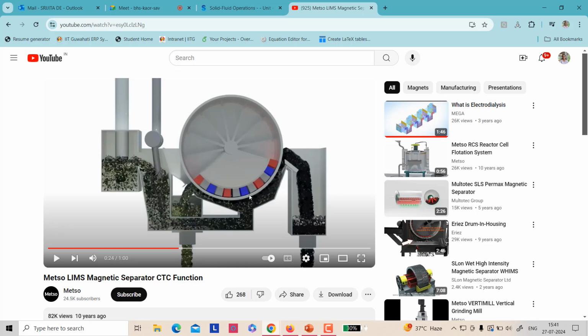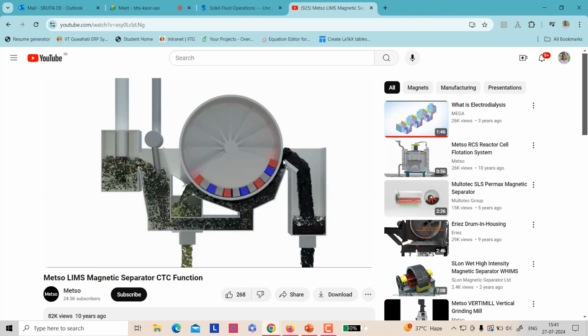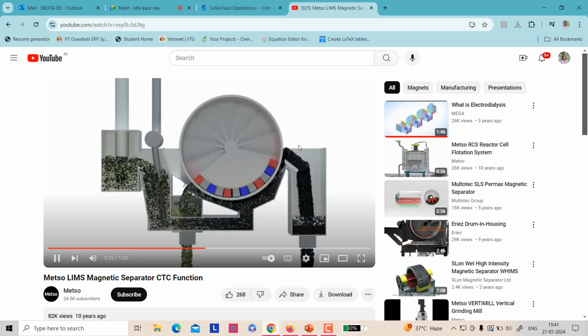Due to the presence of the magnet, only the magnetic particles are separated on the right side, and all other particles go to the left. By applying these magnets, we are creating a magnetic force, and that is how the magnetic particles are separated from the rest of the particles.